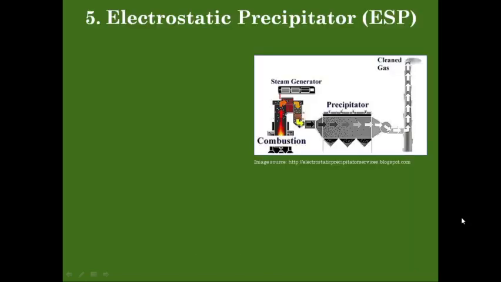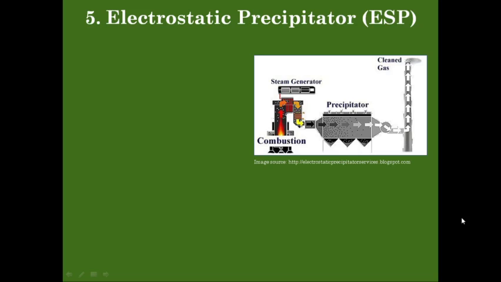Now the next equipment, which is considered the most advanced equipment in removal of particulate matter from the polluted air, is called the electrostatic precipitator. In short, we call this equipment ESP. In this diagram, you can see that an ESP is always installed before the chimney, before the stack.